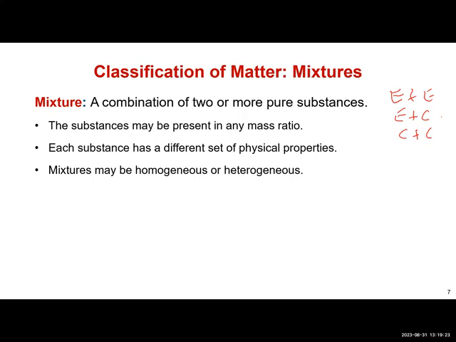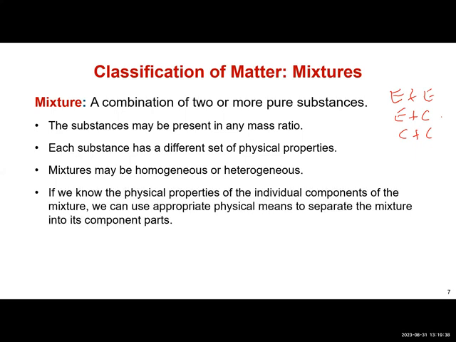Homogeneous means the components of the elements and compounds are mixed thoroughly. Heterogeneous means there are concentrated regions in the mixture, showing unequal distribution of large particles of elements or compounds in the mixture.